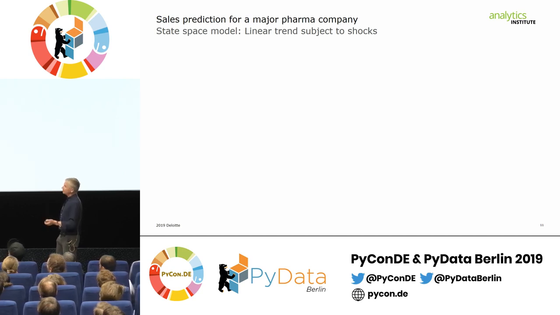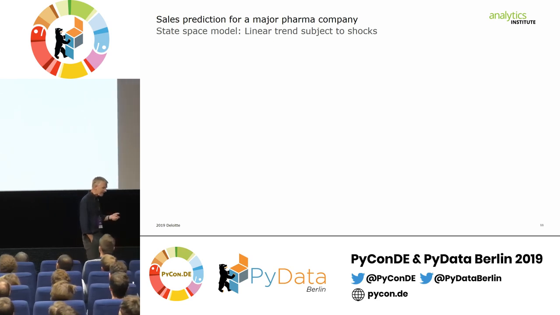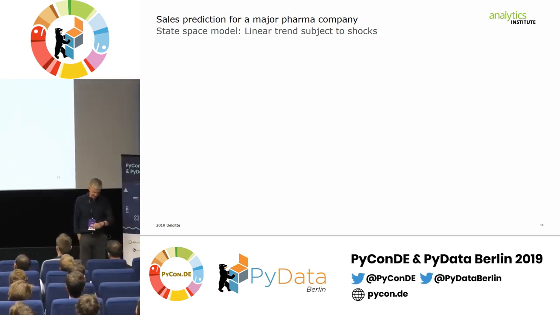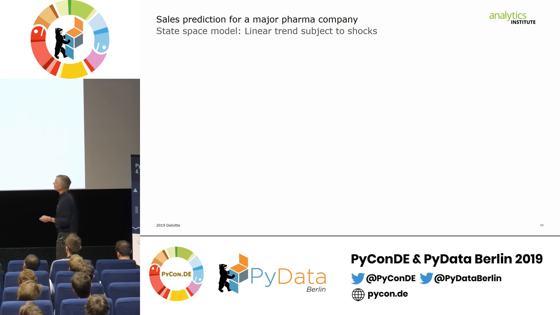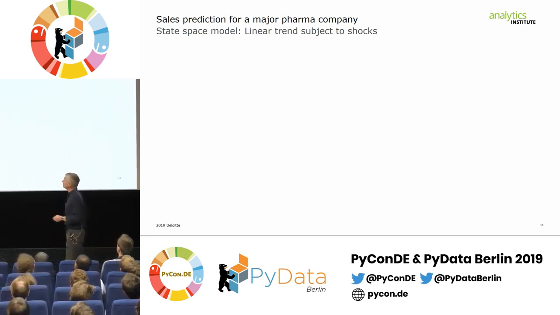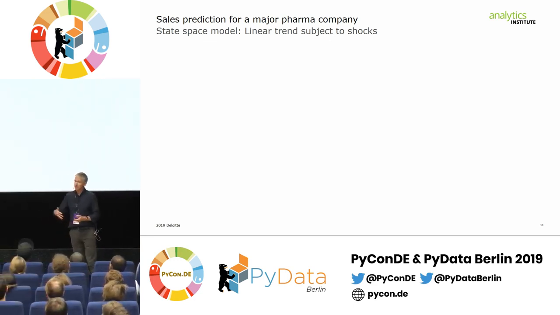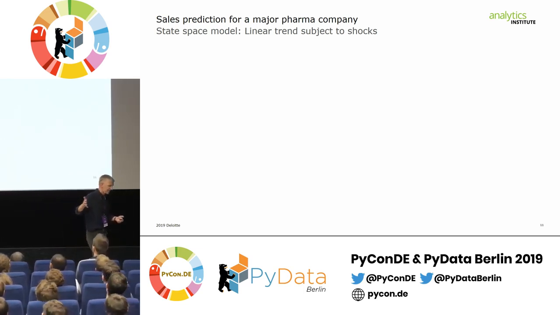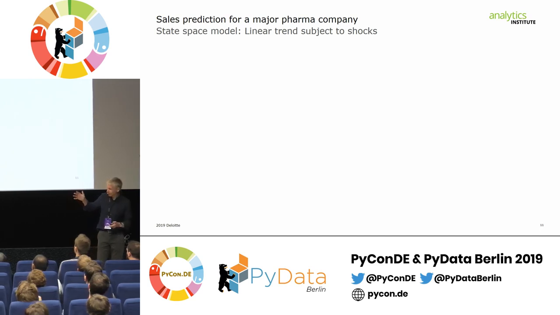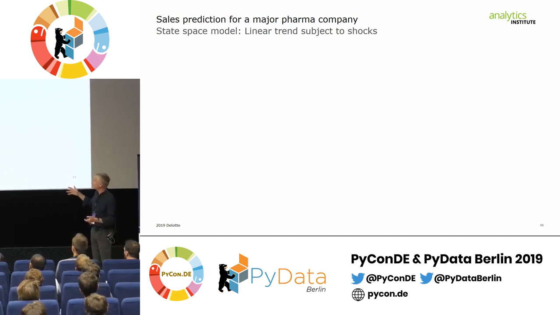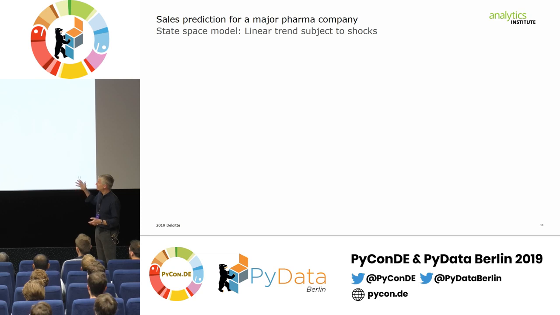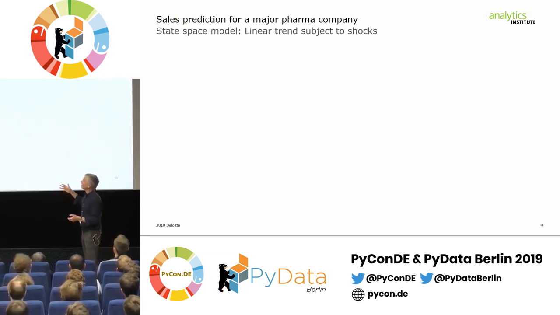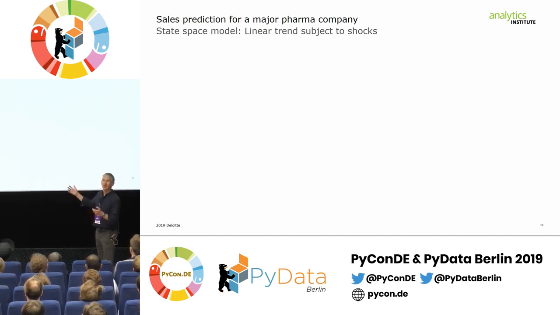What you do then is you sit around for a week and start thinking about what exactly happens in the dynamics of drug sales. Okay, so we're going to assume that you introduce a product, it grows, something happens, there's a secular event in the market which is going to change the trend in your sales. It will stabilize on that. It will move forward again. There'll be another secular shock.